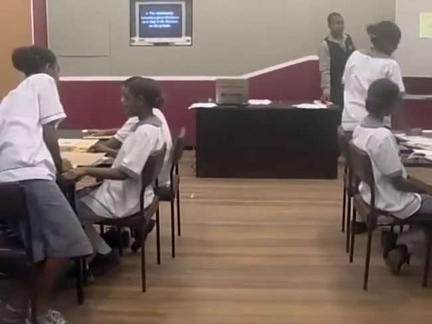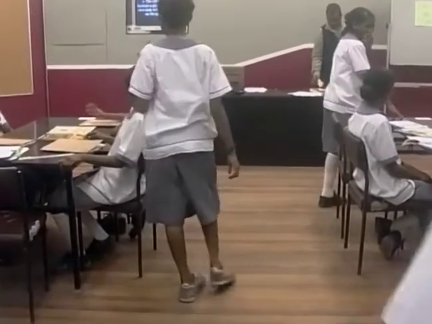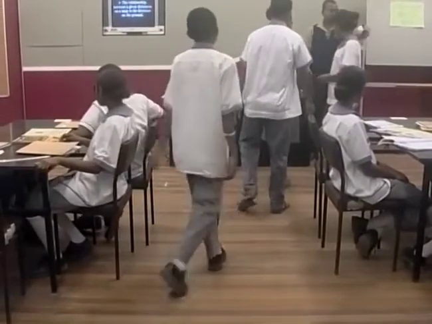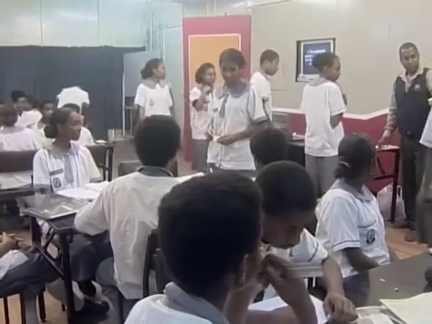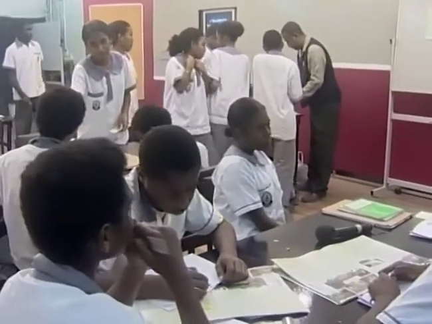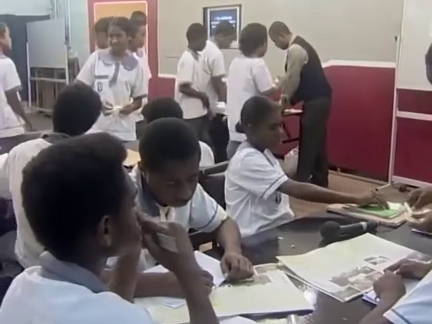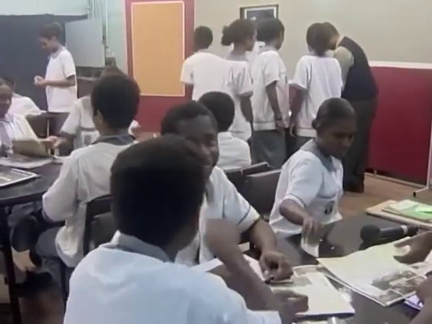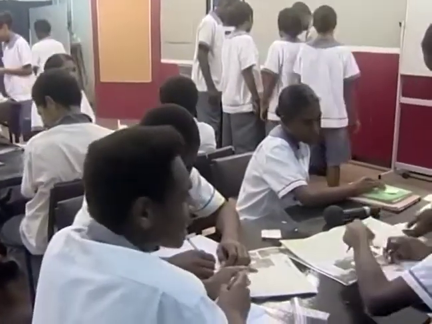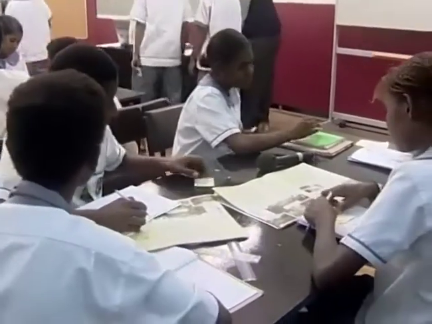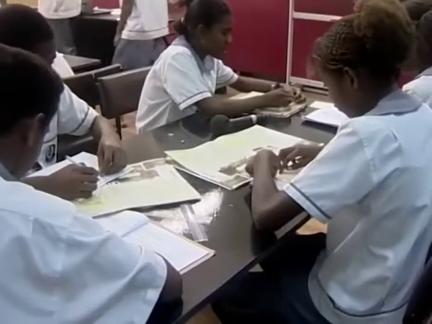Group A. You have B. Give one card to your friend. A. C. C. B. A. D. E. D. Okay.